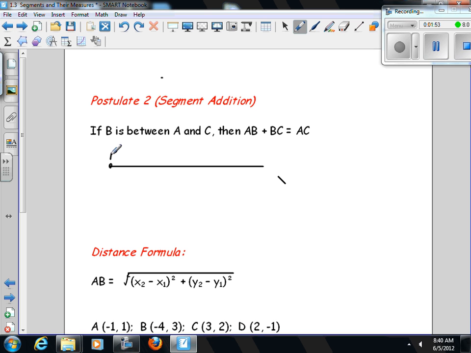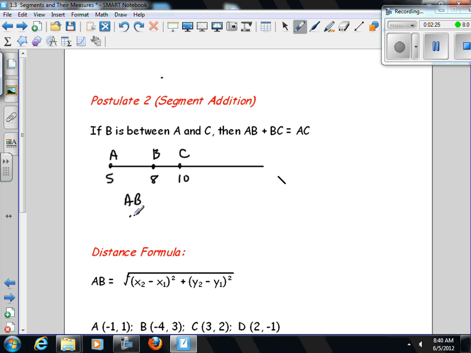We had A in our last picture, B and C. We knew that A was at 5, B was at 8, and C was at 10 on the number line. And so if B is between A and C, then the length of AB plus the length of BC equals the length of AC.